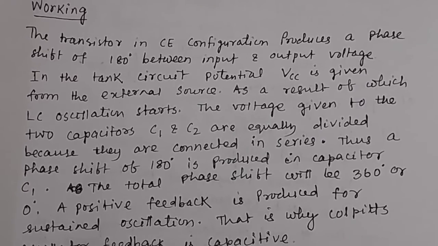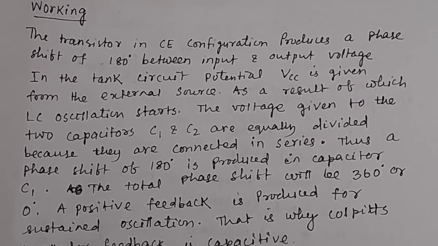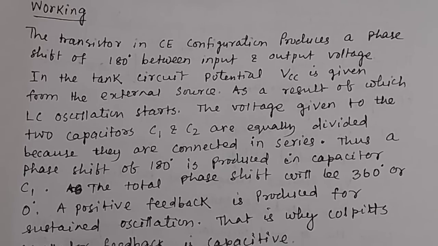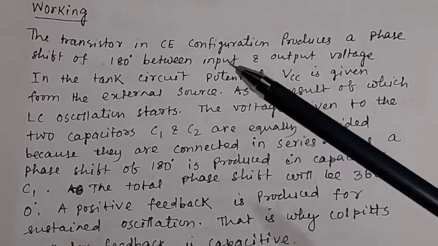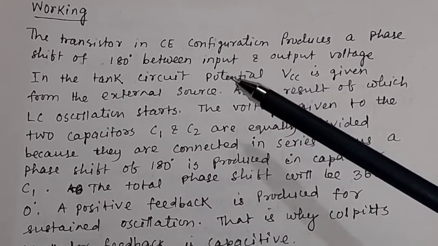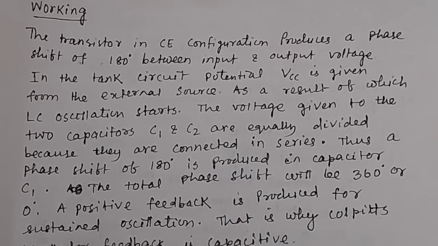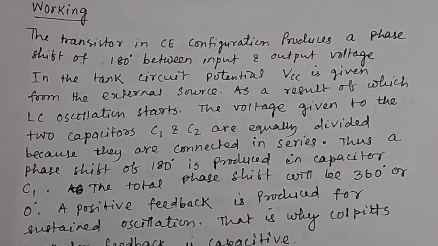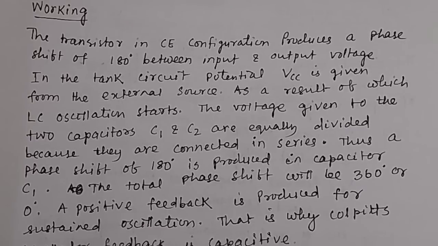Now we will discuss the working of the Colpitts oscillator. Here you are using a transistor in the common emitter configuration, and the common emitter configuration produces a phase shift of 180 degrees between input voltage and output voltage.